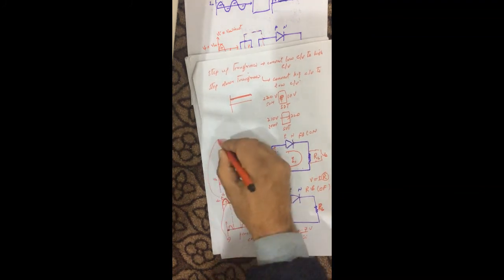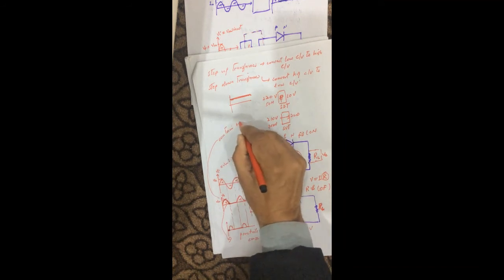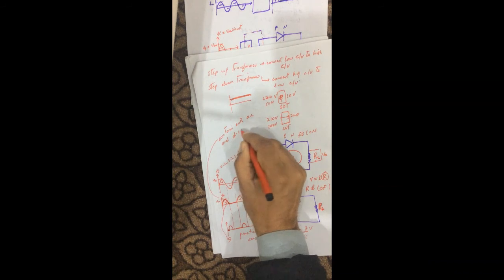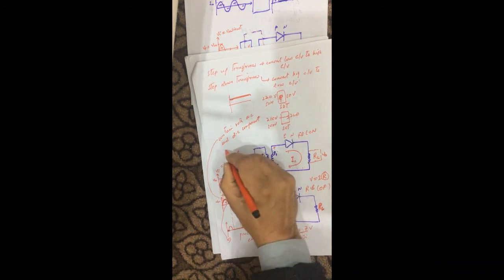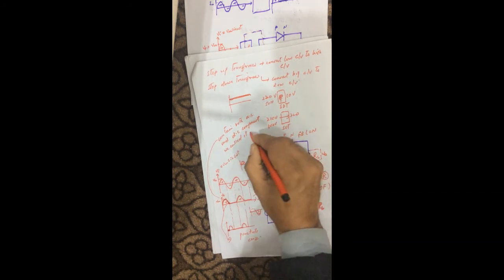It contains both AC and DC components. We call it pulsating current.